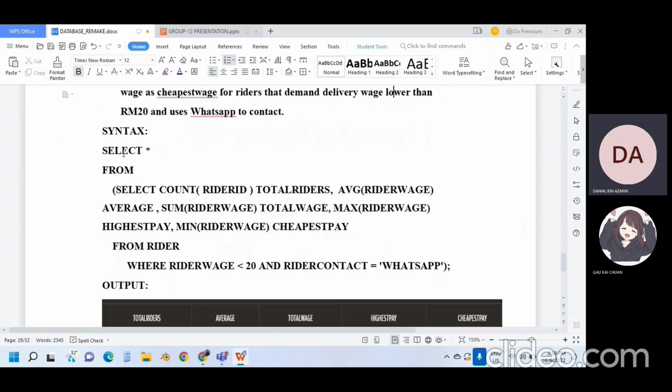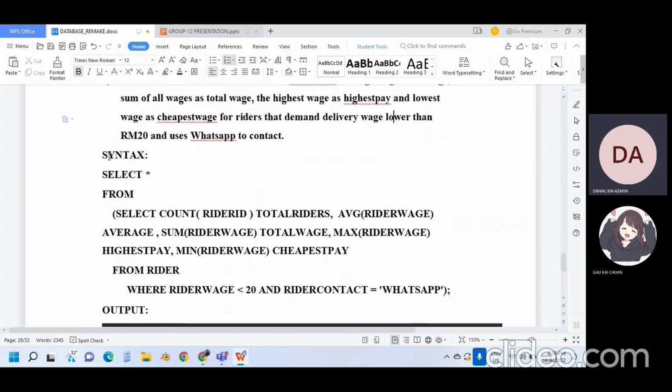So the syntax will be select asterisk from select count rider ID, total riders, average rider wage, average, sum rider wage, total wage, max rider wage, highest pay, and min rider wage, cheapest pay from rider, where rider wage less than 20 and rider contact WhatsApp.